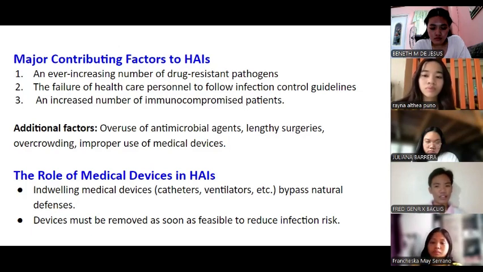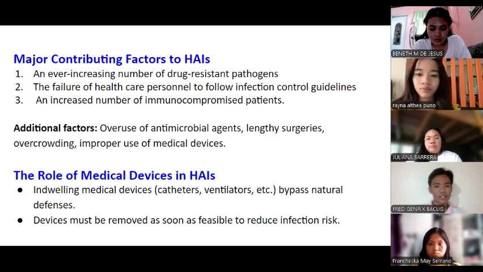Lengthy surgeries, or long surgical procedures, increase the time the patient is exposed to a non-sterile environment. Longer surgeries increase the risk of surgical site infection, which I discussed earlier, and other complications that can lead to infection.